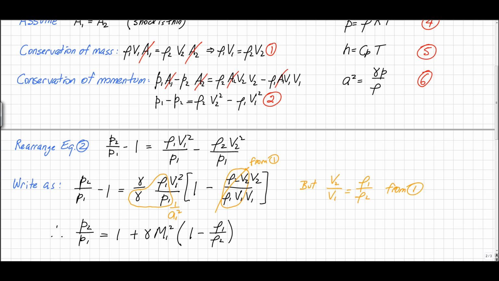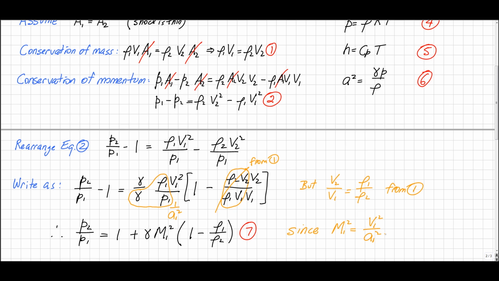We'll call that equation 7. Just for completeness, M1 squared is equal to V1 squared over A1 squared.